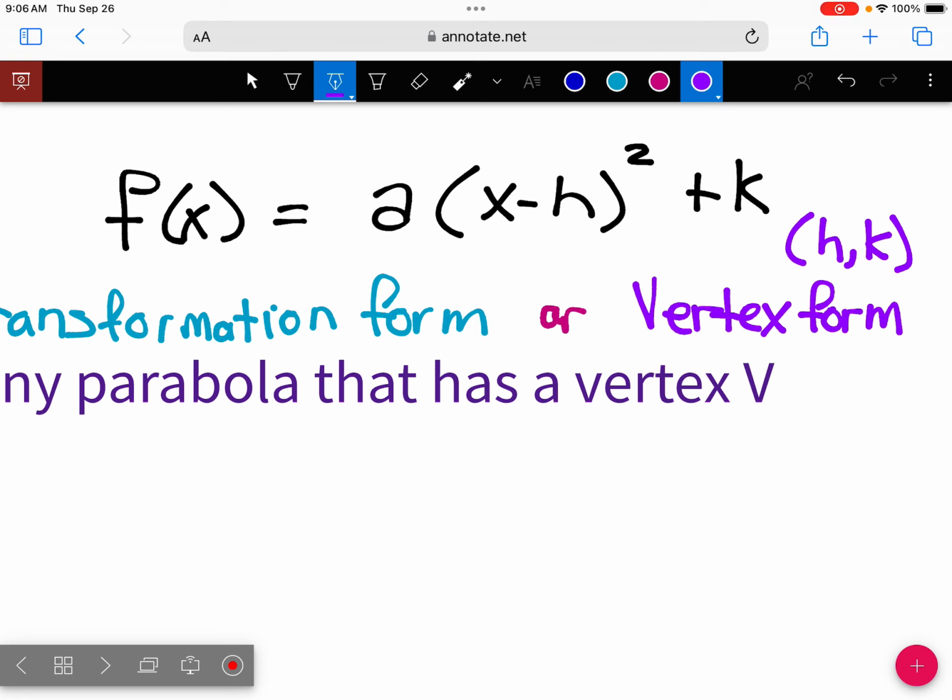So when we're given problems that say find the standard equation of any parabola that has a vertex V, they're not telling us if there's a stretch or compress, so they're not telling us what that a is. We're going to leave a as an a because it could be any parabola that has this vertex.